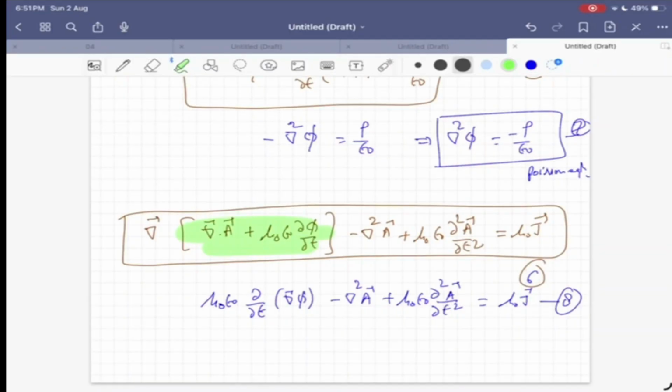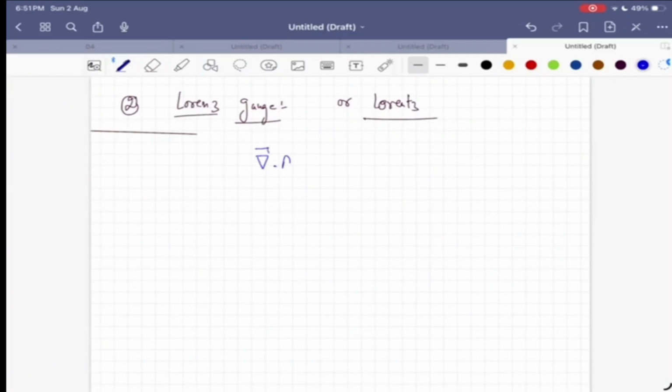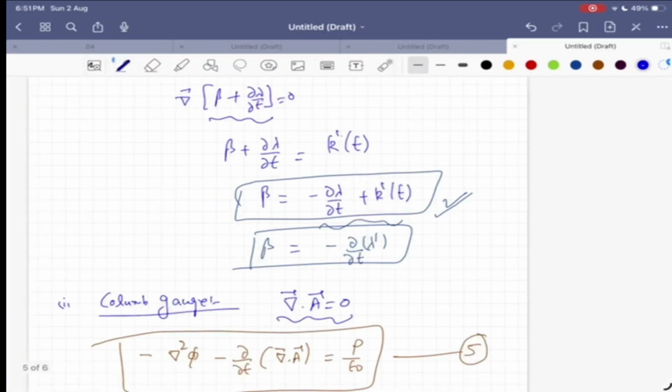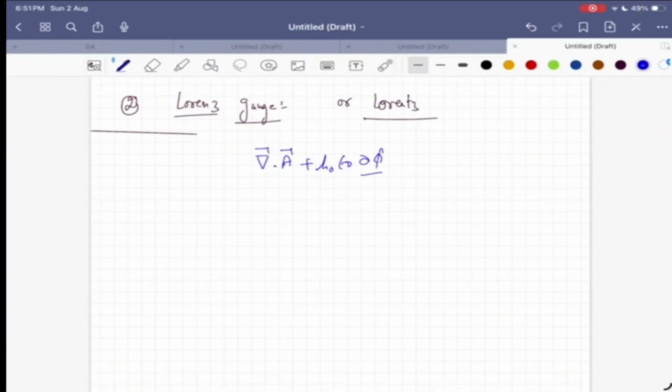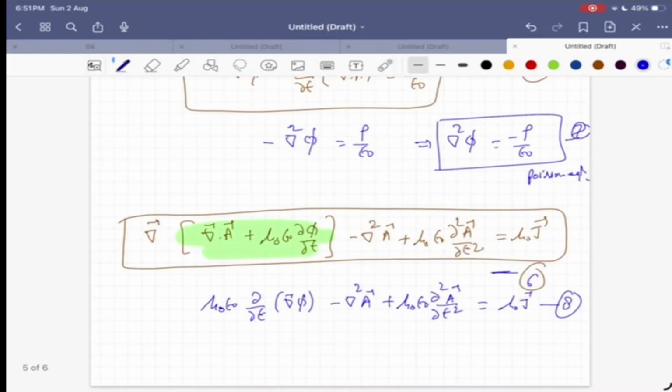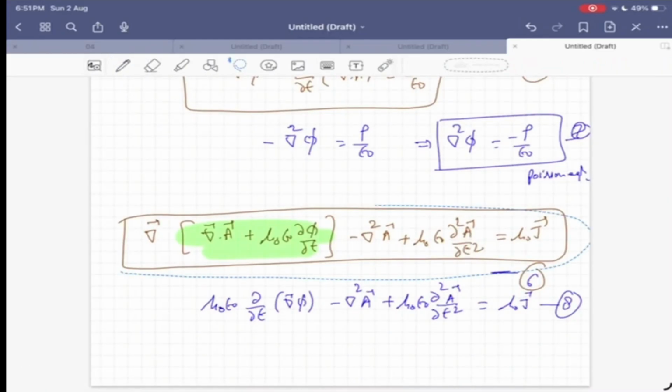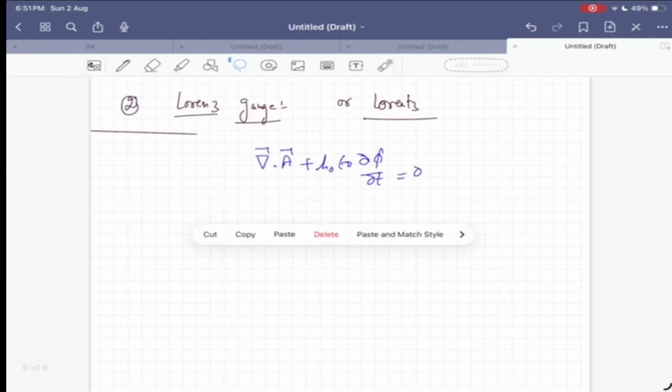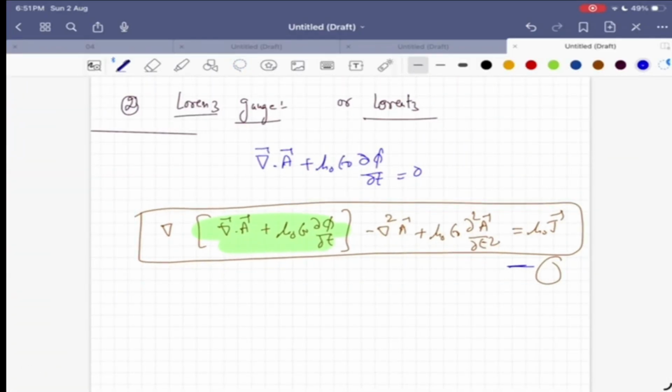So we choose our gauge such that del dot A plus mu naught epsilon naught del phi by del t is 0. From 6 we get del square A minus mu naught epsilon naught del 2A by del t2 is equal to minus mu naught j. This is my new equation 9.